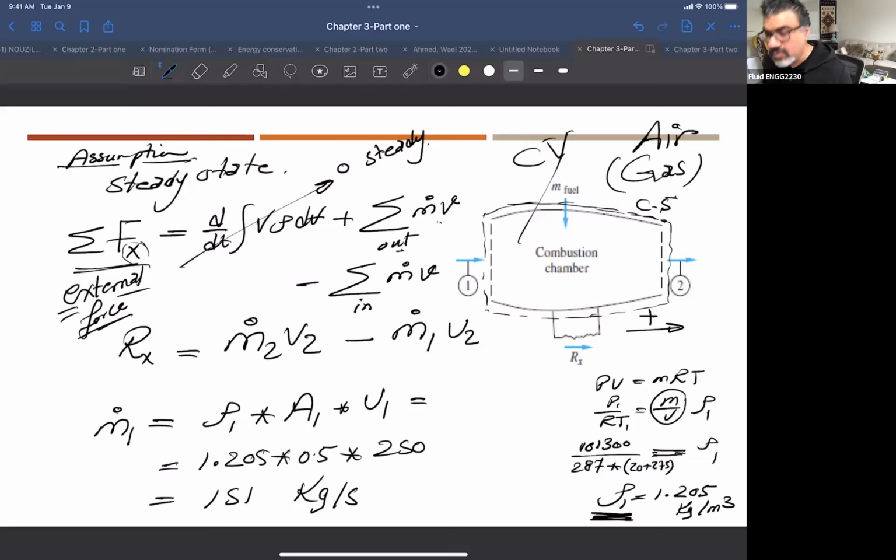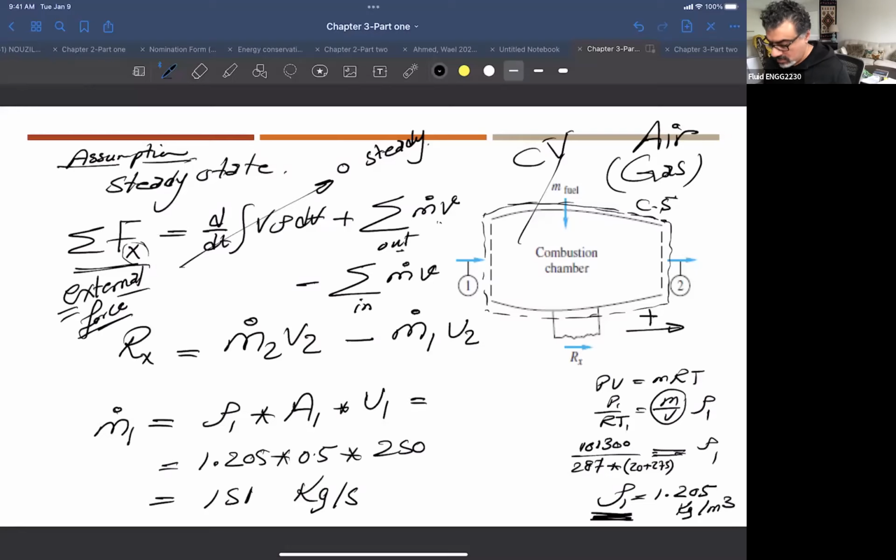Is it V1? Yeah, V1, the velocity. Can you tell me what is M2? In M1, yes, V1 in M1.